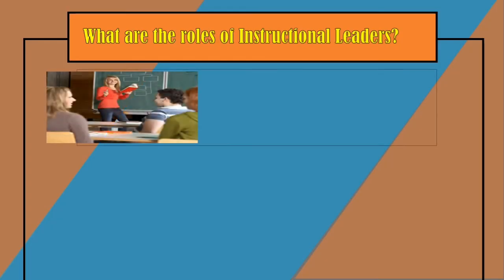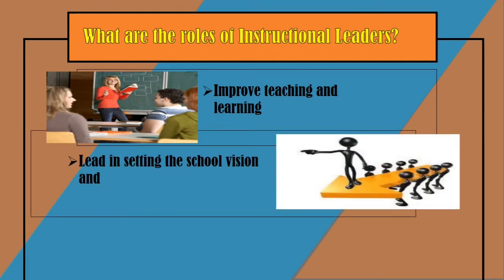So now, class, there are several roles of instructional leaders. One is, of course, to improve teaching and learning. Another is to lead in setting the school vision and formulating the strategies.